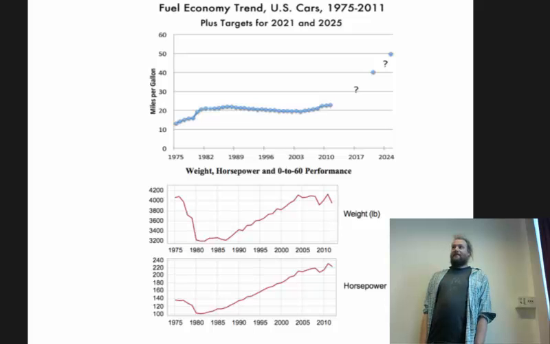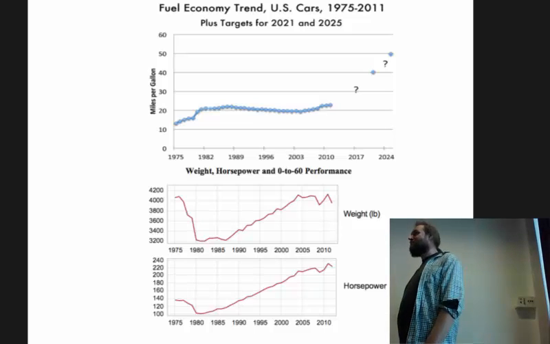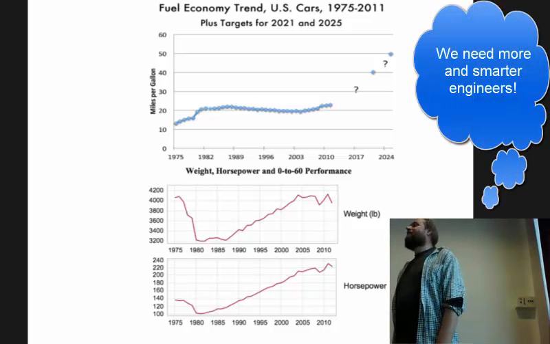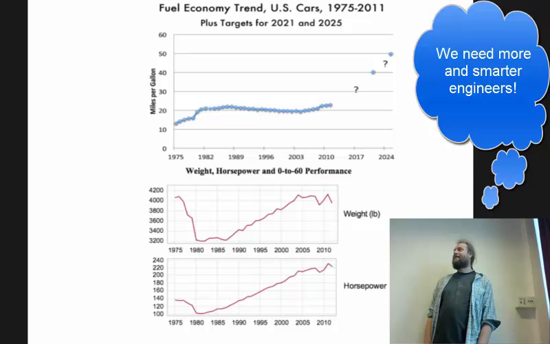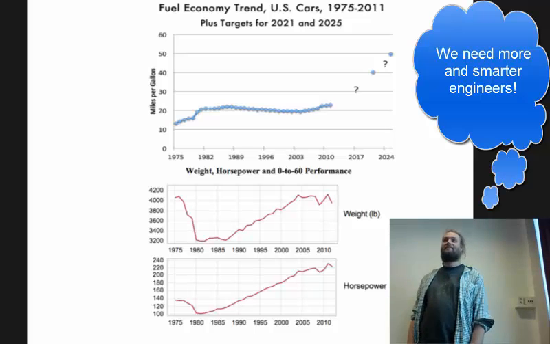We need to put more engineers on it. It's not just that we can say, well, we want faster energy efficiency improvements, right? How does fuel efficiency improve in an engine? By having teams of engineers tinkering with those engines to make them better.